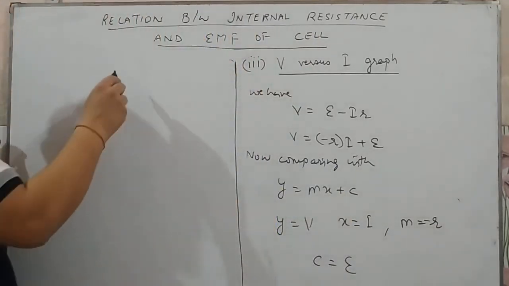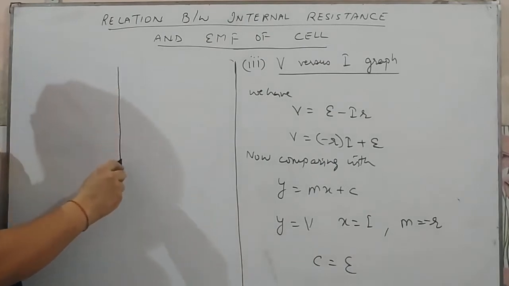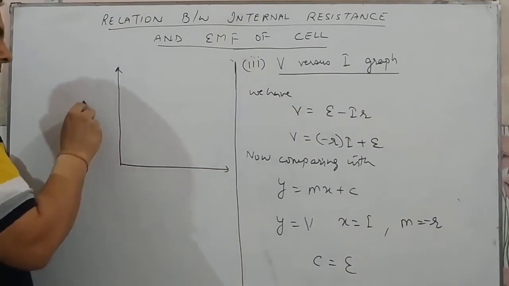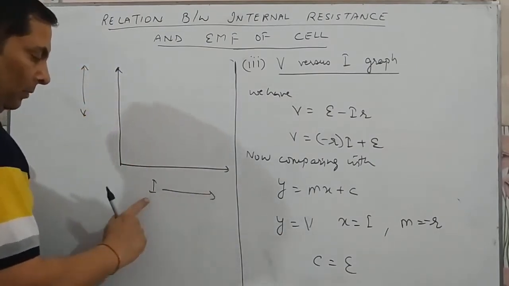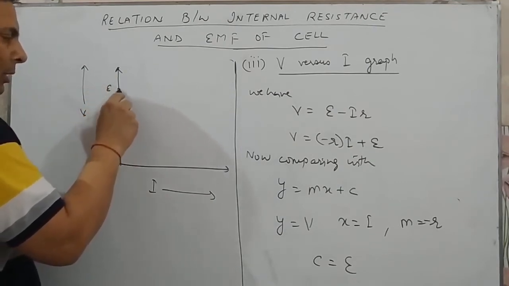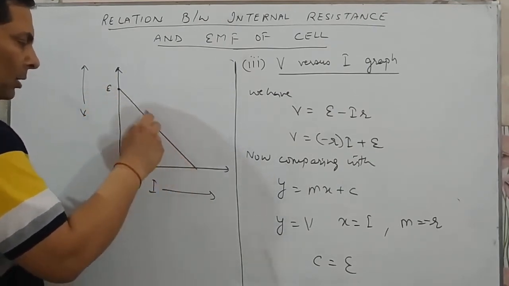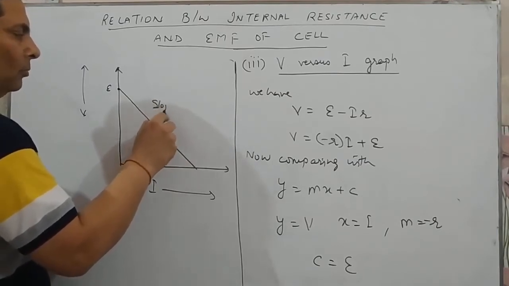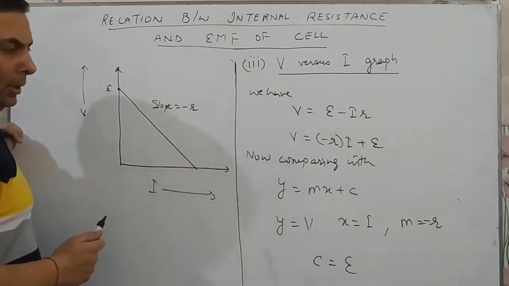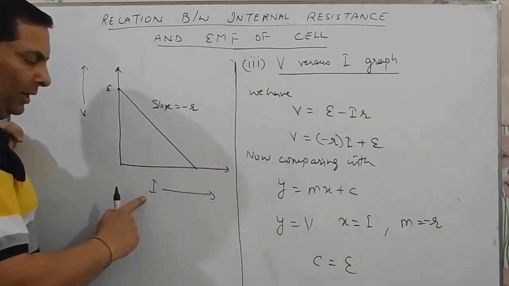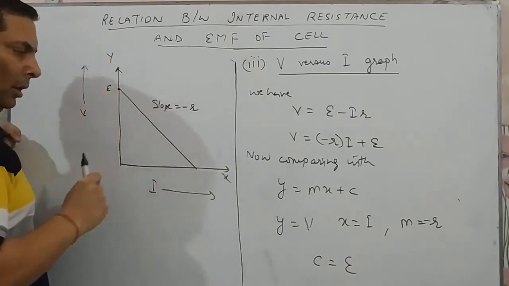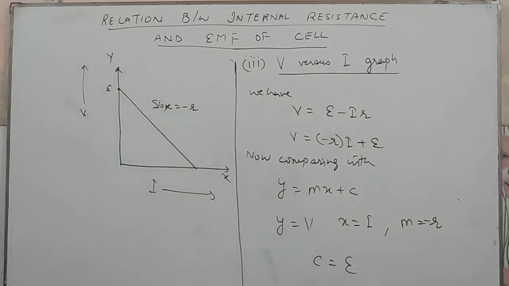Using these values, this is V, this is I. When I is 0, the value is maximum, so we start here from the E value, and it goes on decreasing. The slope is equal to minus r, where m is the slope. Along the x we have I, along the y we have voltage. Now the graph is clear to you.